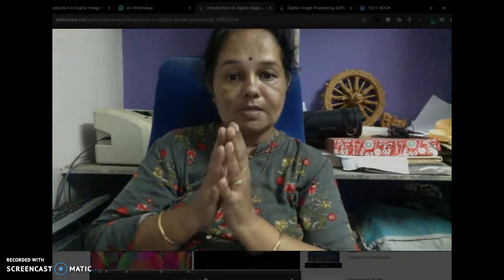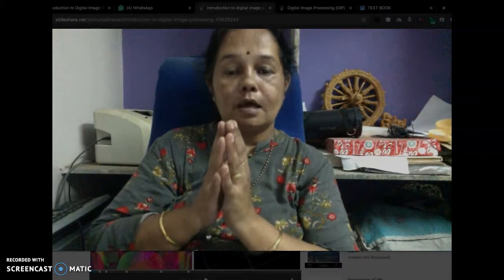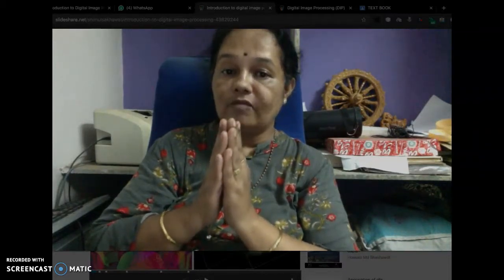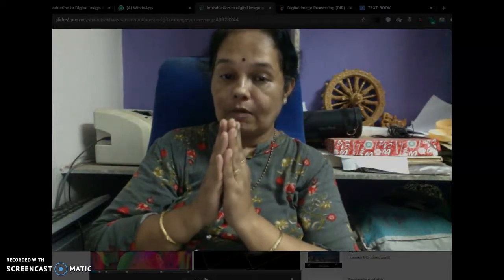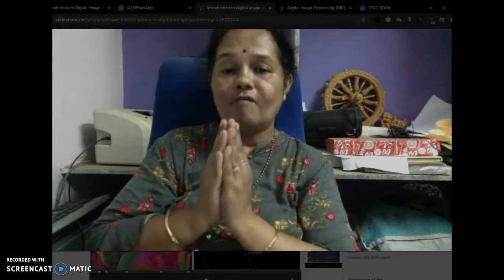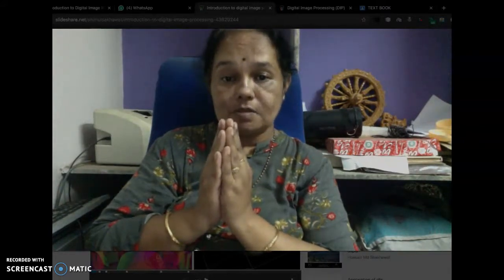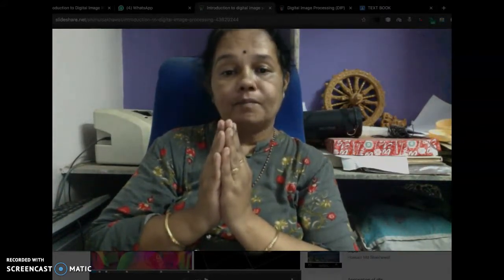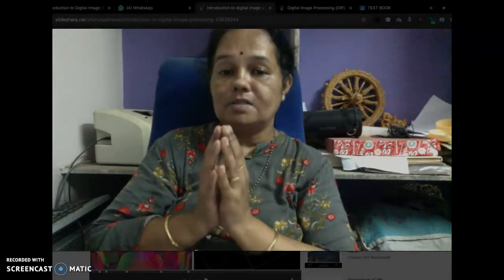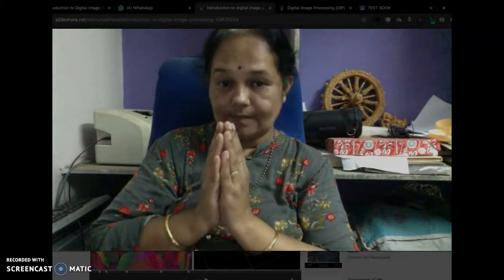So image processing is a stepping stone towards achieving artificial intelligence, because it contributes 70% of it. That is why we pay so much importance to image processing.